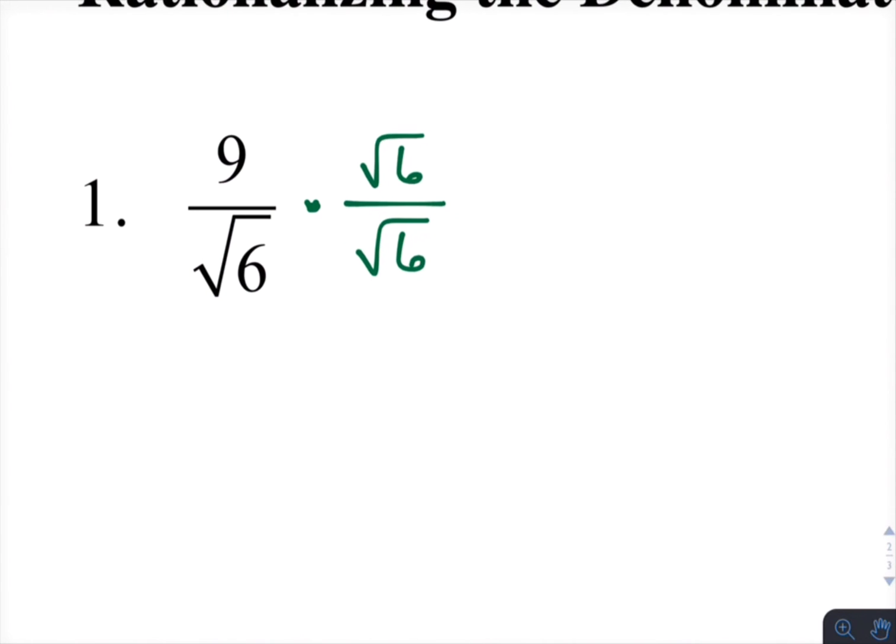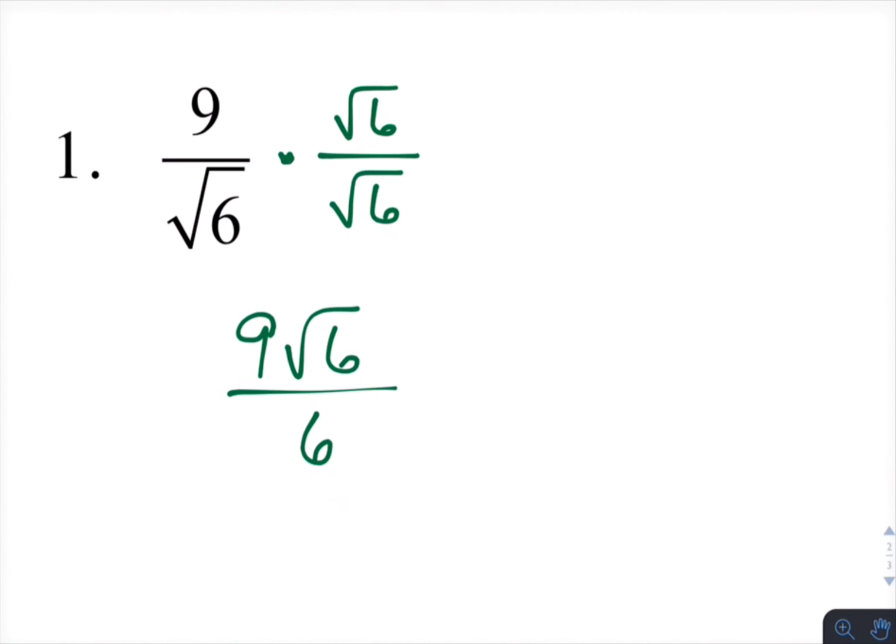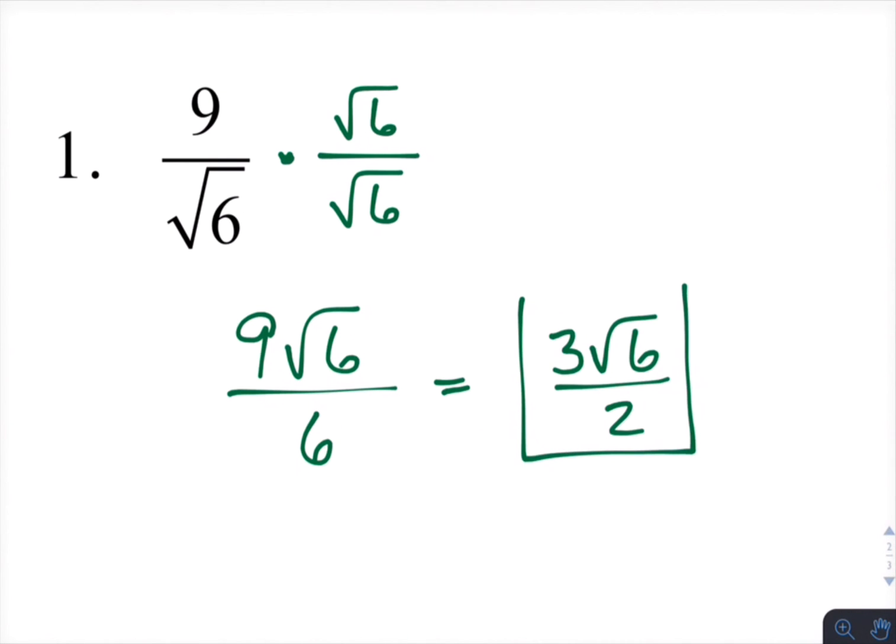So now what happens is as I multiply, I get 9 root 6 over the square root of 36, also known as 6. And now we can simplify 9/6, so we end up with 3 root 6 over 2. And notice that the denominator is now a rational number, because 2 is a rational number.